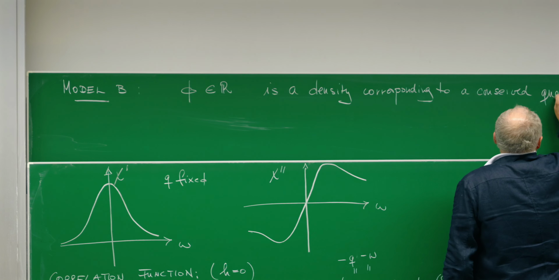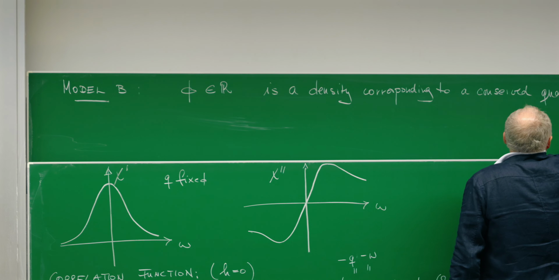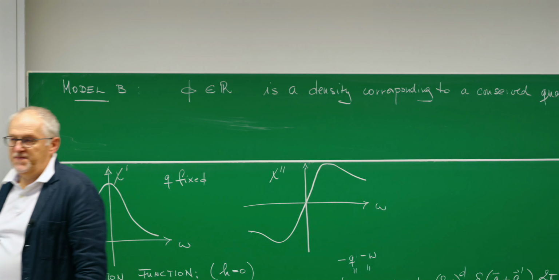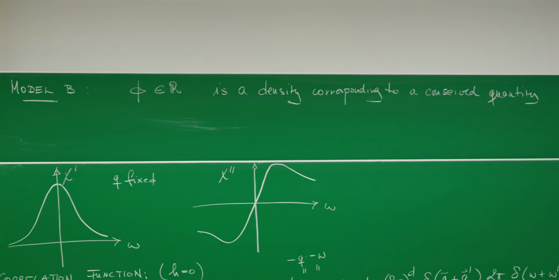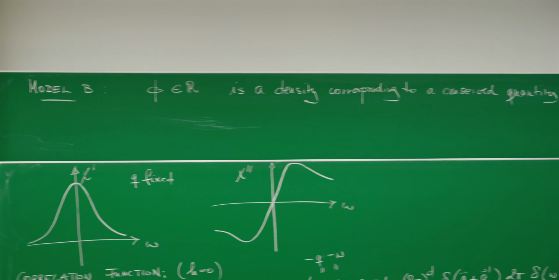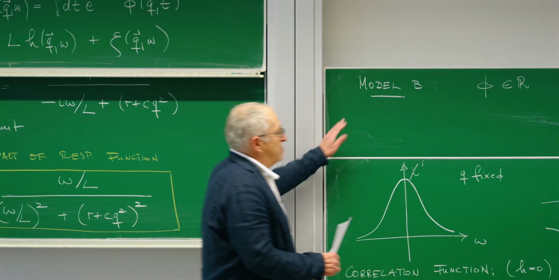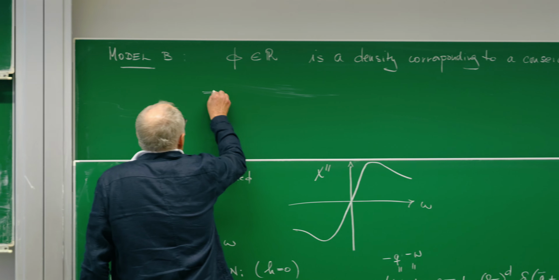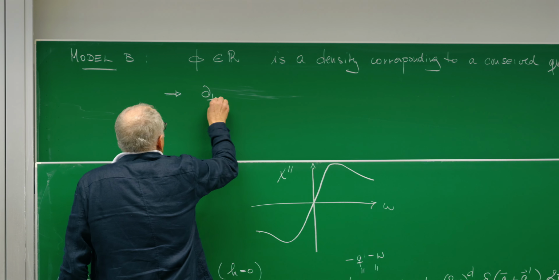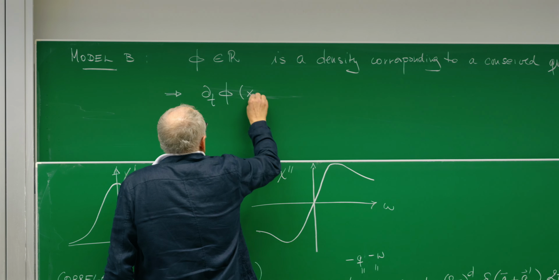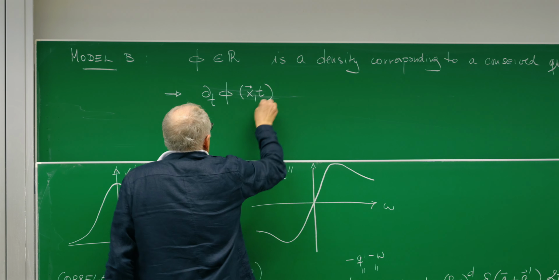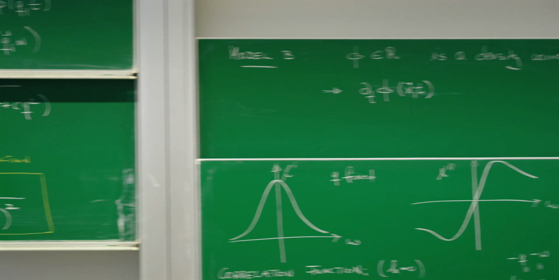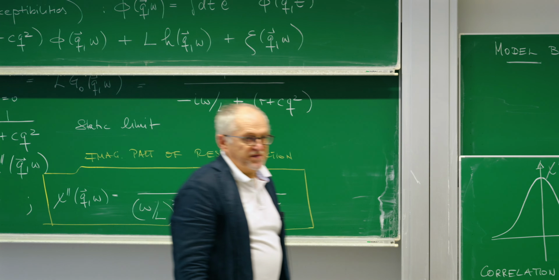So for example, this phi could be the density of particles in the system or certain molecules in the system. Then there's a conservation law, namely that the total number is fixed. And that means that if you have a dynamic equation for this conserved density, it must obey a continuity equation.